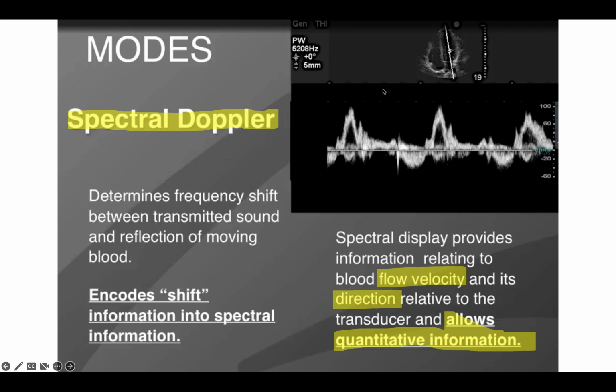This is a subtype of spectral Doppler, pulse wave Doppler, PW. There's another one, continuous wave Doppler, that will be similar but will be a filled envelope. And spectral Doppler, PW or CW, allows assessment of quantitative information.